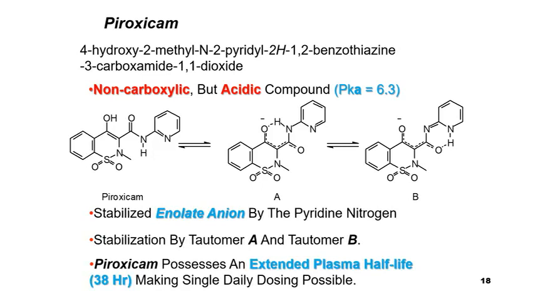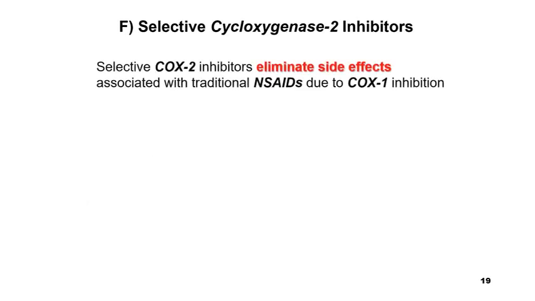Another character for piroxicam is its remarkably extended plasma half-life, where a single daily dosing is possible. The sixth chemical class is the selective cyclooxygenase-2 inhibitors.